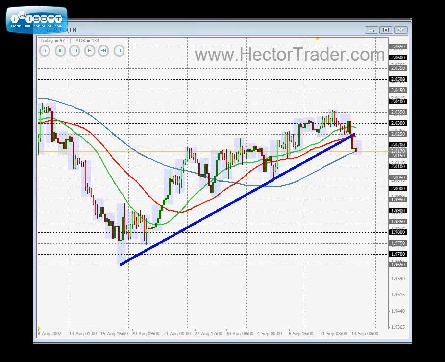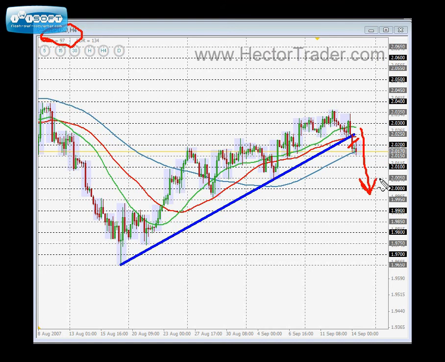And also, all those people who were looking to enter short in the sterling pound, once they see the breakout of the trend line, they have green lights to trigger the short entry. So, of course, the downward acceleration of price is twofold.